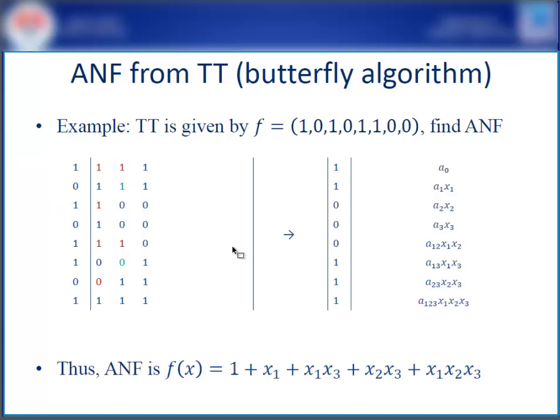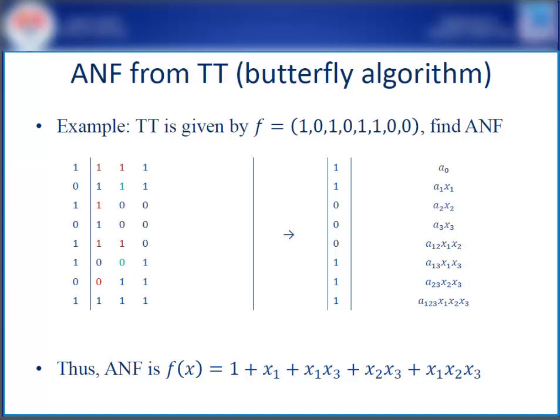And the resulting vector of coefficients is 1 1 0 0 0 1 1 1, which gives us the algebraic normal form of 1 plus x1 plus x1x3 and so on. So as you can see, calculating algebraic normal form from the truth table is not as straightforward as calculation of the truth table from algebraic normal form.